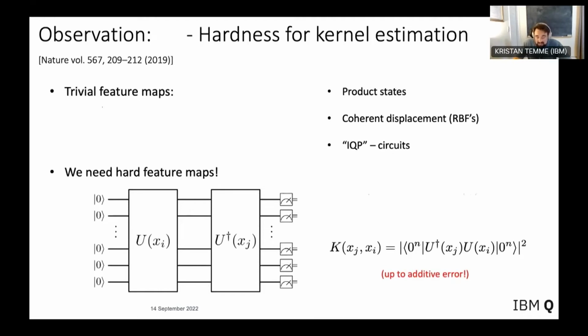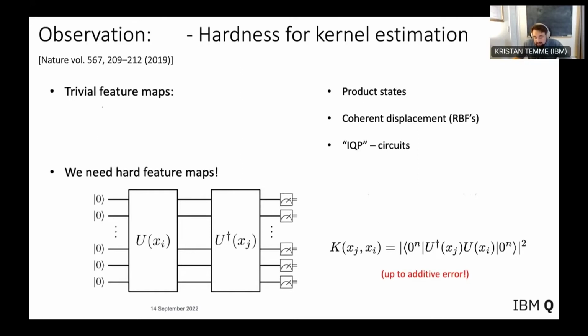But all of these initially seem to be difficult, but the task is basically to estimate that expectation value for that fidelity. And it turns out that for all these feature maps, in these three examples that I gave you, you can classically estimate that expectation value up to an additive error. So the crucial point is, what we need are feature maps that are difficult to estimate on a classical computer up to an additive error, but easy to estimate on a quantum computer.